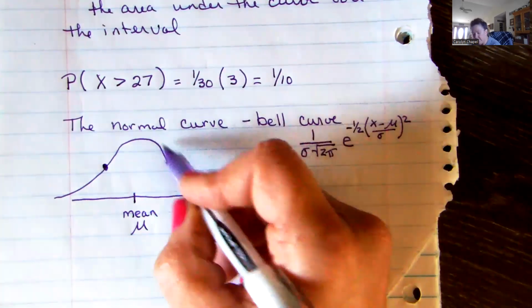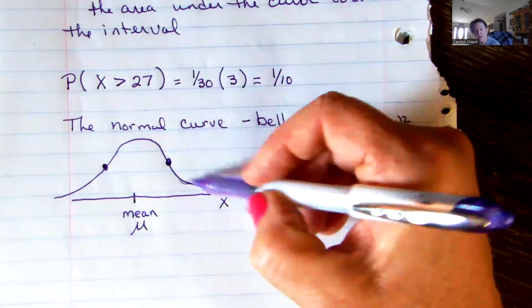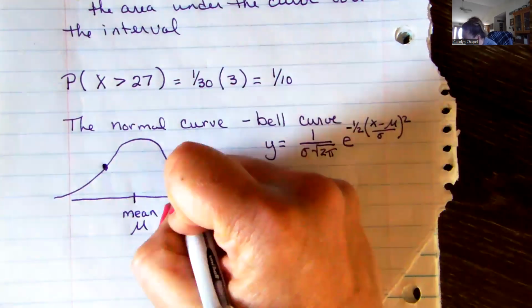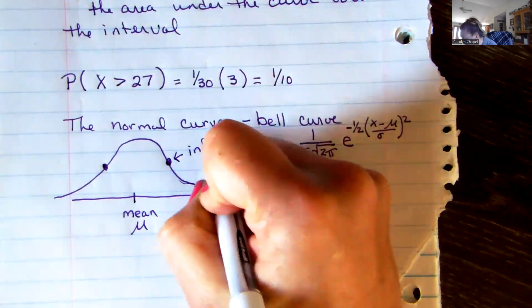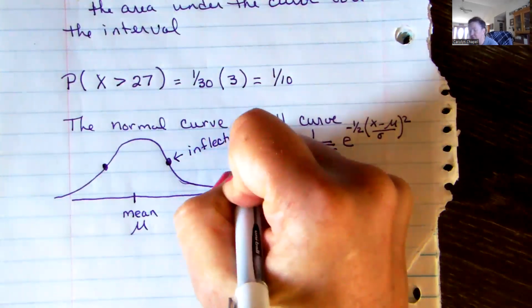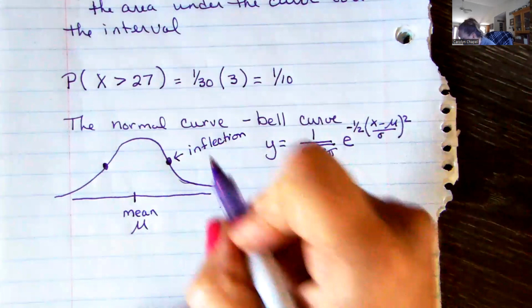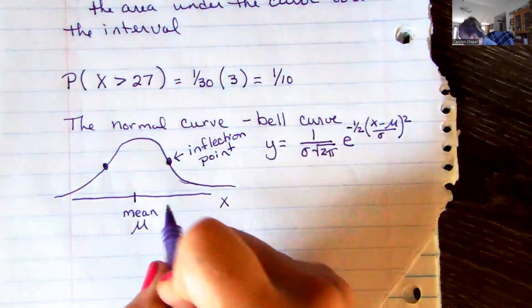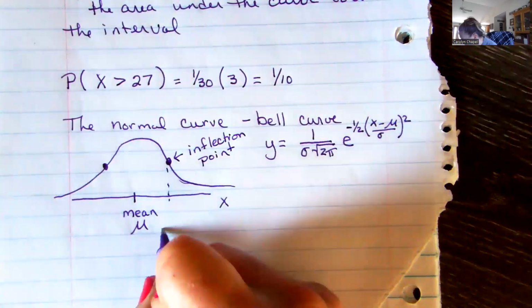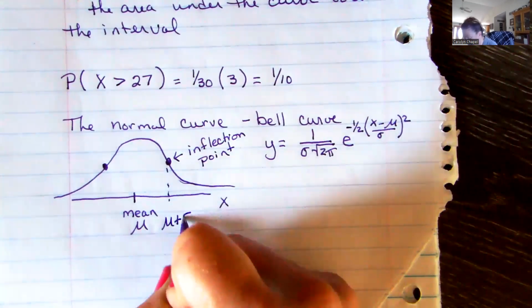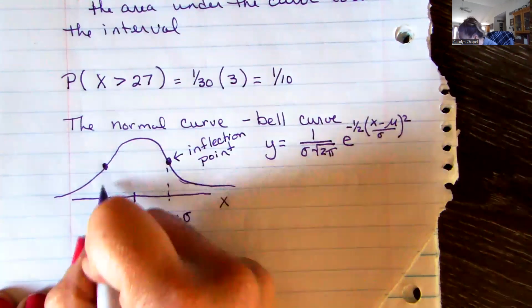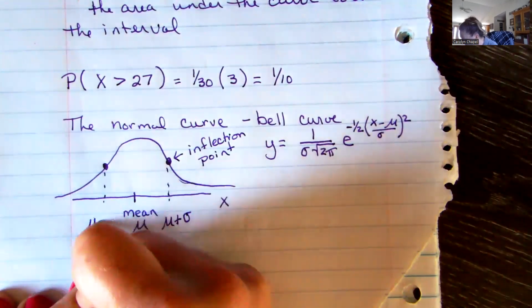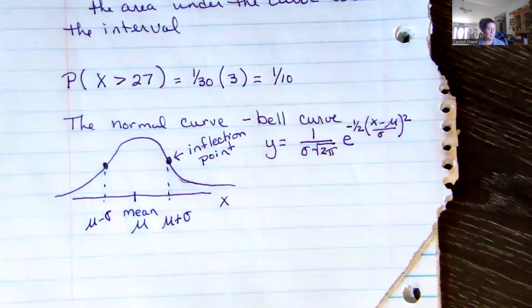You can see it's curved down and then curved up. That is referred to as an inflection point. This helps us draw the shape. In our normal curve, these happen at mu plus 1 sigma and mu minus 1 sigma.